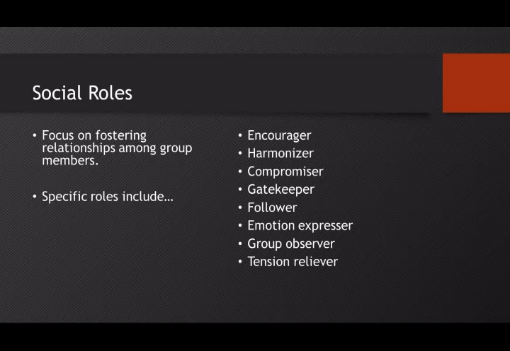You could have an encourager, somebody who tries to promote positivity and encourage people to keep moving forward. So all of these are really important aspects of groups. And much like the task roles, you can take on multiple social roles at one time. These social roles could also evolve. You could start off in one social role and then move to another as the group progresses.